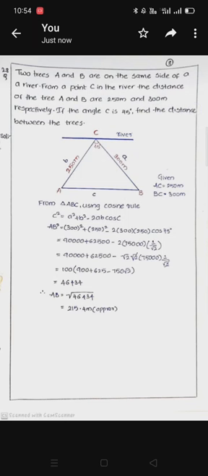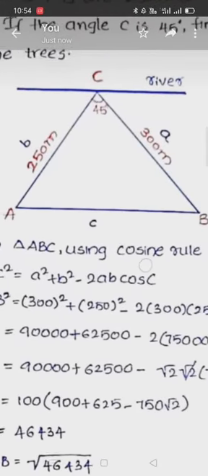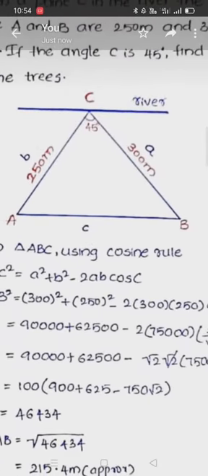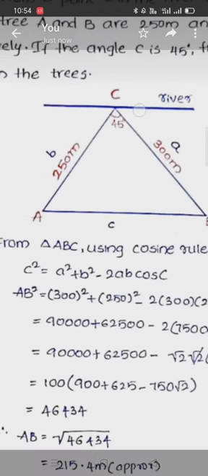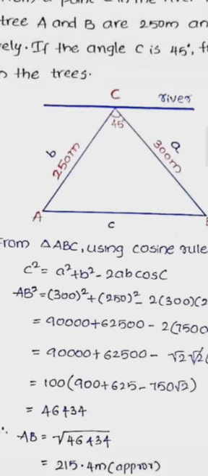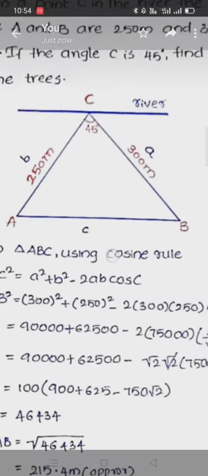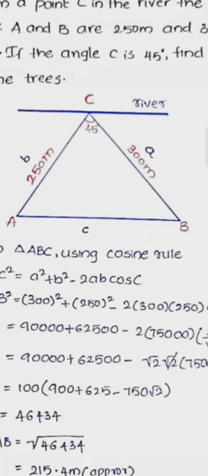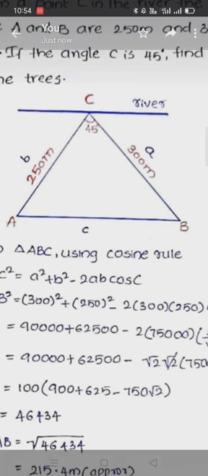This is the question. Now we will discuss the problem with this diagram. This line is a river. On this river we have a point C. From the point C, tree A is located at a distance of 250 meters, and tree B is located at a distance of 300 meters.